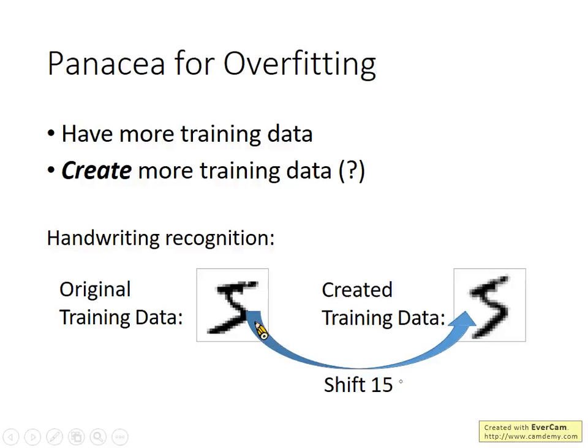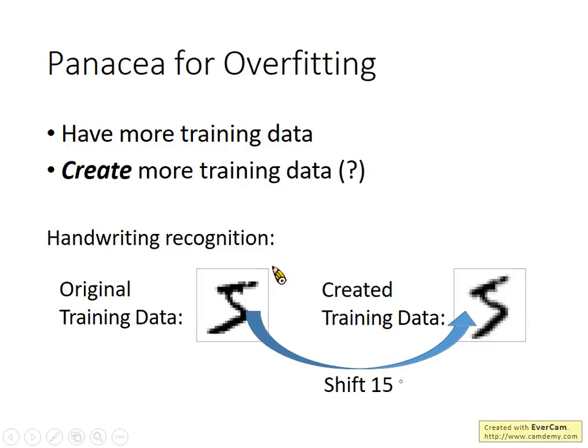One simple way to overcome overfitting may be to add more training data. Some work has been proposed to create more training data. If the original training data is like this, we artificially create more training data, for example by shifting, rotating by 15 degrees, or flipping.